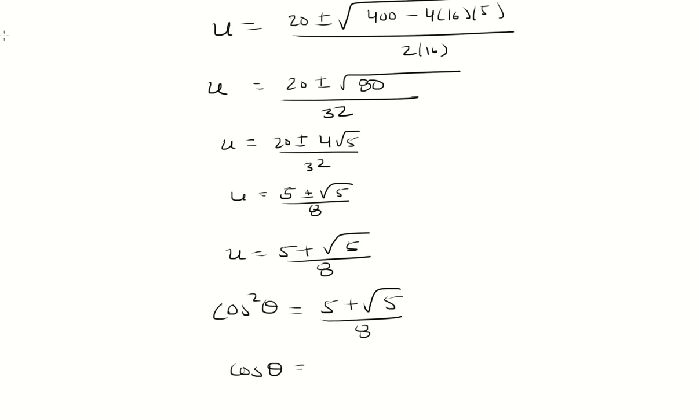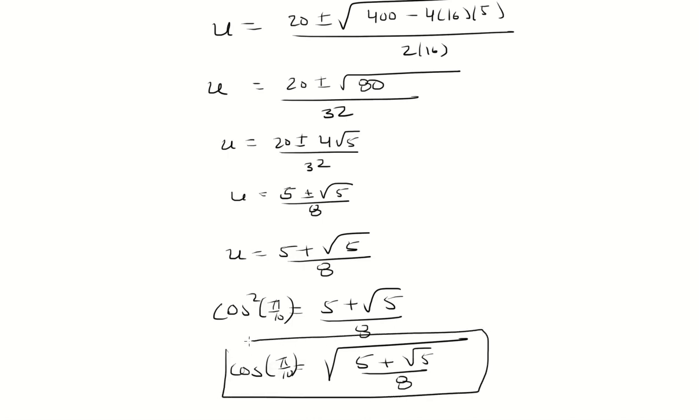But here it's cosine squared of pi over 10, so let's replace that with pi over 10. And we don't want to get negative because cosine pi over 10 is positive. So we're going to do the square root of (5 plus square root of 5) over 8. And so we were able to show that.